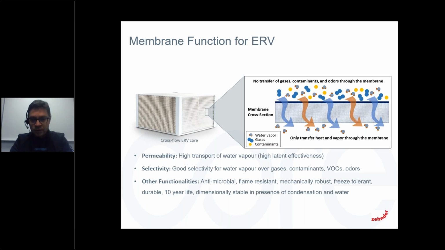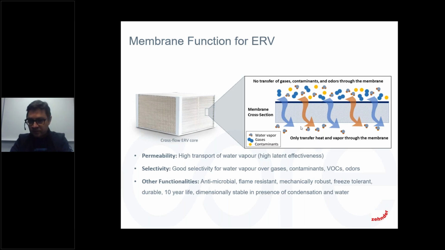But we also want what we call good selectivity. So we want water vapor to transport, but we don't want any other gases, contaminants, volatile compounds that are in the indoor air or odors to be able to transfer through the membrane material. So we have to make the membrane selective for water vapor over other gases and contaminants.